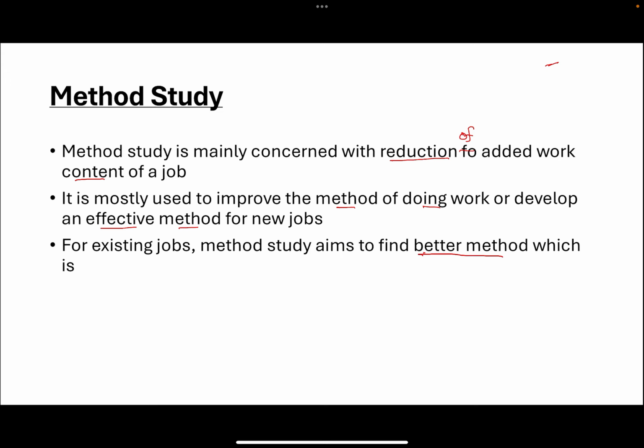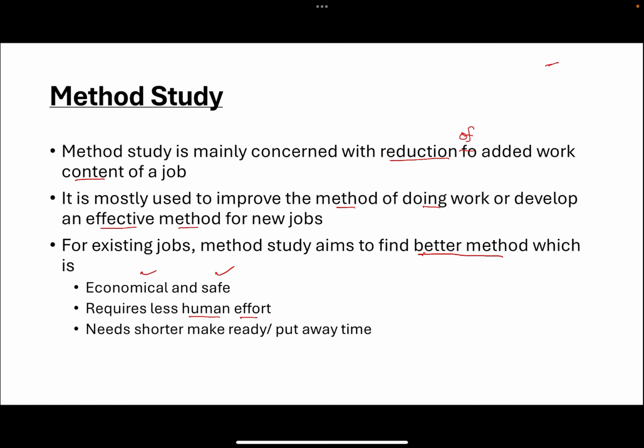Best method means it should be economical and safe for the worker, and it should require less human effort so that the worker will not get fatigued very fast. It also needs shorter put away time. These are the important criteria we should keep in mind while developing a method to do a particular job.